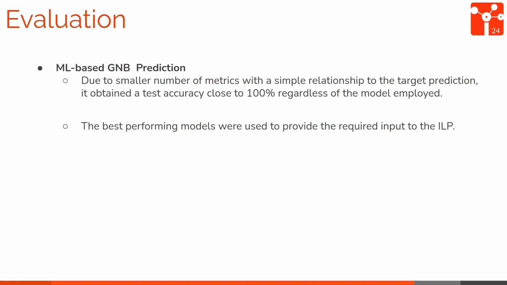Now for the other predictor, the GNP predictor, the authors didn't actually mention which algorithm they used. They just mentioned that due to the smaller number of metrics with a simple relationship to the target prediction, it obtained a test accuracy close to 100% regardless of the model employed. And the best performing models were used to provide the required input to the integer linear programming.